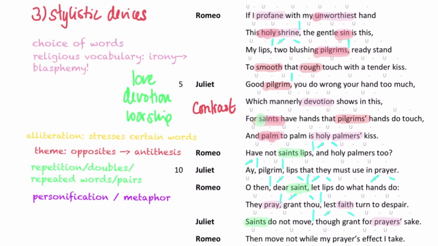Romeo's doing all the talking. He's trying to talk her into kissing, into a sin. And of course she gives in later, but basically this stressing of the word saint and saints do not move underlines that she's the pure part in this, and she also seems to want to stay inactive in this entire thing.